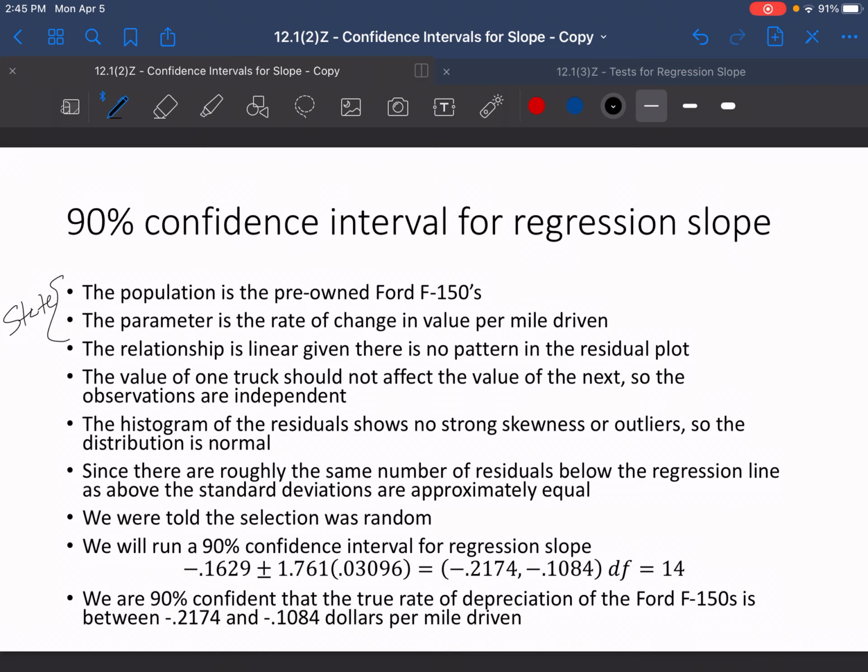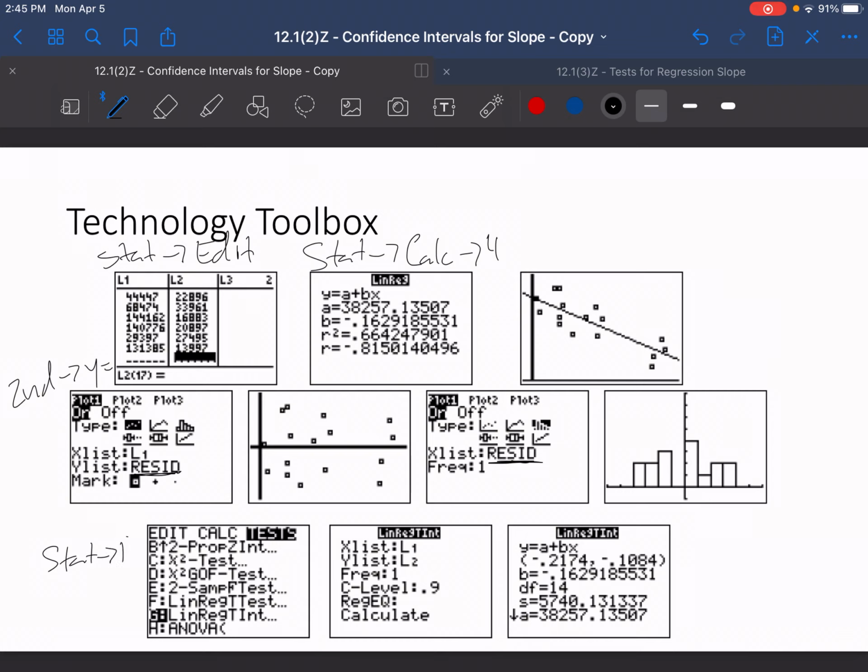So our plan portion right here is a lot longer than it normally would be for a regression slope. But once we work through all of that, we are good to go. And then from there, we complete our do portion. You can either do that the way that we just looked at it, or you can come over here to Stat, arrow over to Tests, and then arrow down to G and find the linear regression T interval down here.